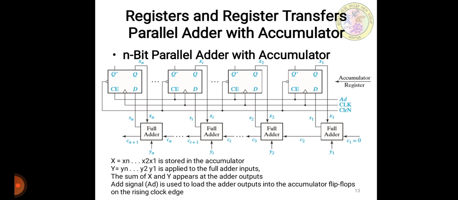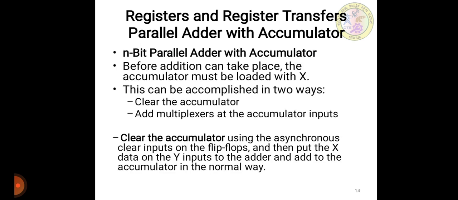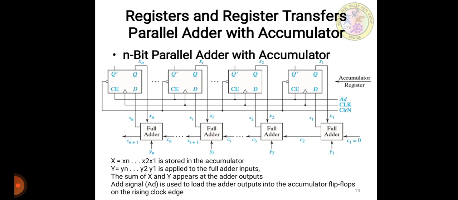The add signal is used to load the adder output into the accumulator flip-flops on the rising edge of the clock. Before addition can take place, the accumulator must be loaded with the X value.